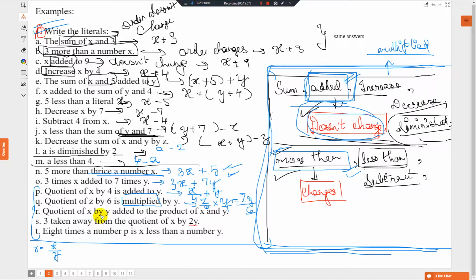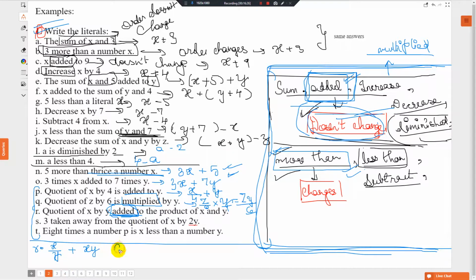The first part we did. Now the product of x and y will be xy, right? Separate them. Added. Always remember, added does not change the answer.